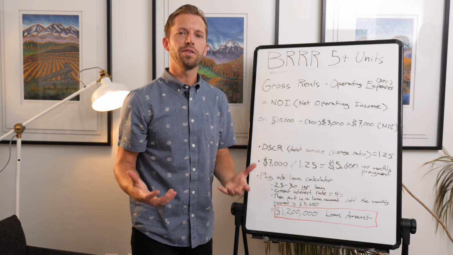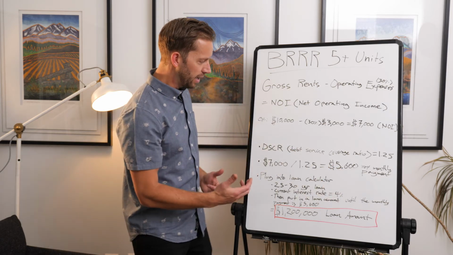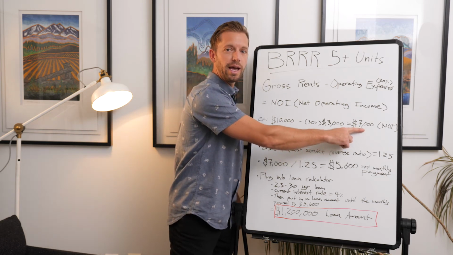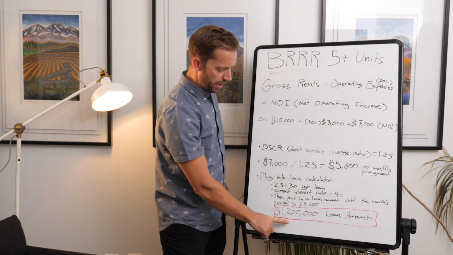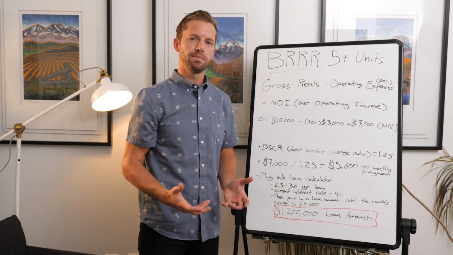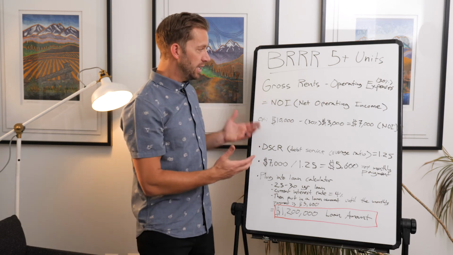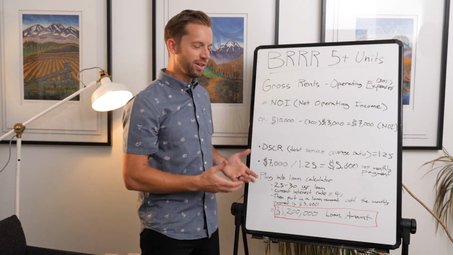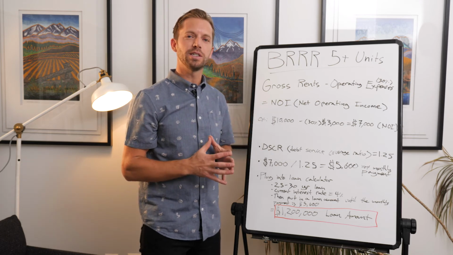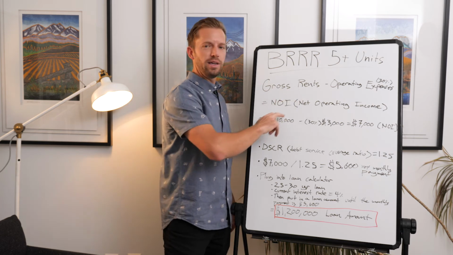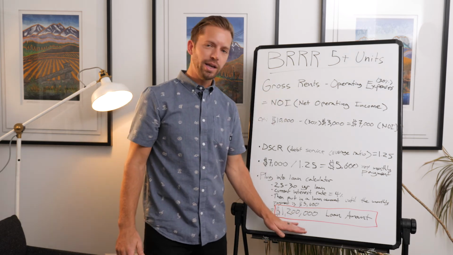So theoretically, what this means is that if my property is truly producing $7,000 a month in net operating income, this bank will lend me up to $1.2 million, okay? Honestly, it's a simple way. Once you've done it a few times, it becomes very easy to run these numbers. But it's a simple way to take your gross rents and figure out what the bank is going to lend you.